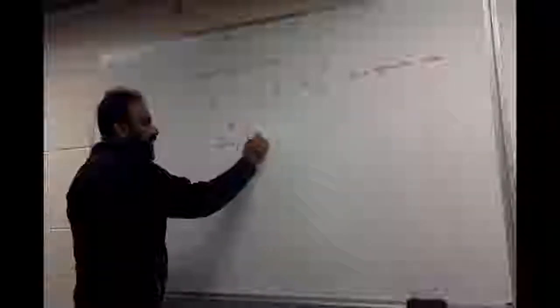So R1 and R2 are the radii of curvature. If I have a lens like this, the radius of curvature of this surface, R1, is 40 centimeters, and the radius of curvature of this one, R2, is 30 centimeters.